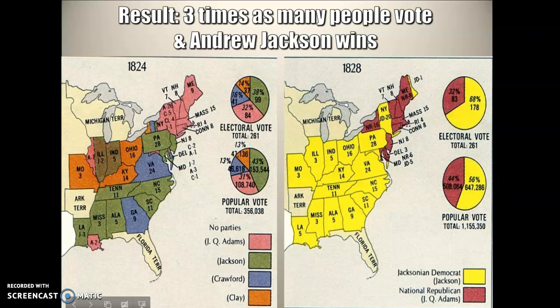The only voters are really the upper class. So you can see in the election of 1828, with all the help from his supporters, they get 1 million people to come out to vote. And this time Jackson does get the majority of the electoral vote, as well as the popular vote.